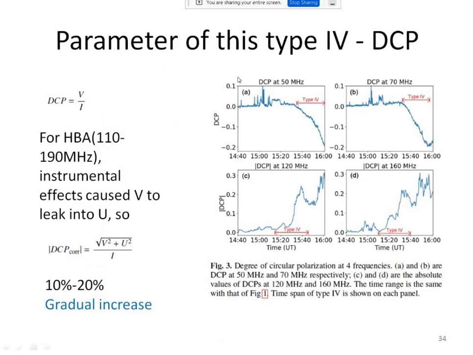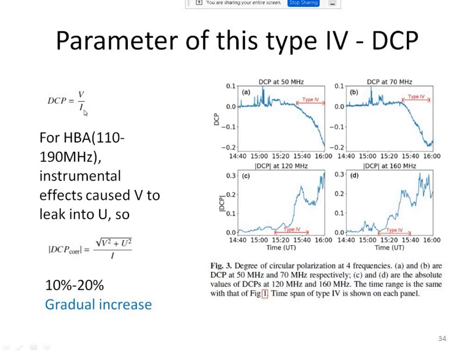After comparing the two instruments, we dug into the type 4 radio burst. We first tried to determine the DCP, the degree of circular polarization of the type 4, using LOFAR data. For now, we are going to use LOFAR data instead of NRH in this study.